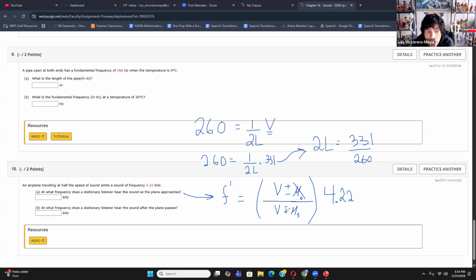Since the airplane in part A is coming towards the listener, v minus u of the source, which is half the speed of sound. So this will be 343 over 343 minus half of 343.